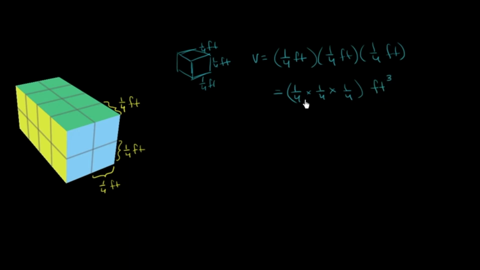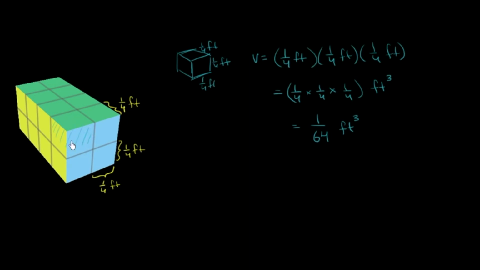So 1/4 times 1/4 is 1/16, times 1/4 is 1/64. So this is going to be 1/64 cubic feet, or 1/64 of a cubic foot. That's the volume of each of these unit cubes.